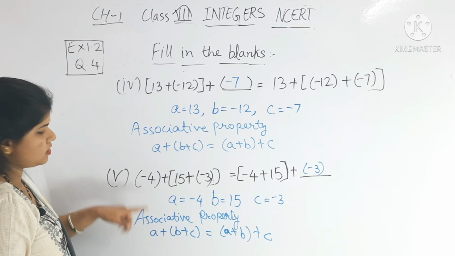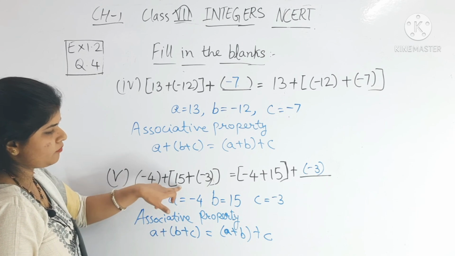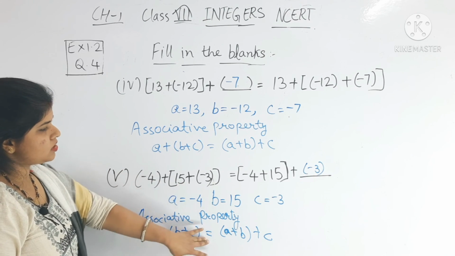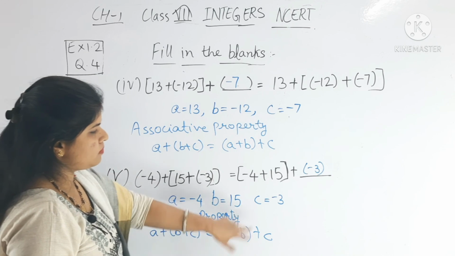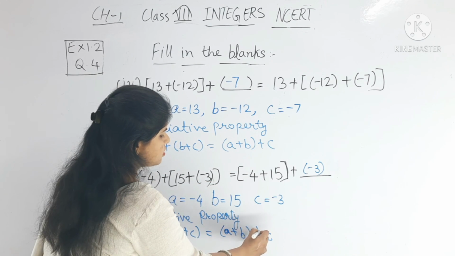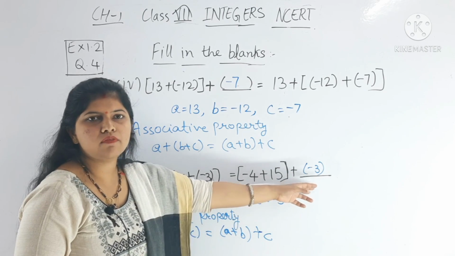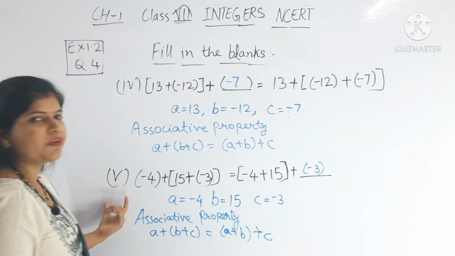You can compare this one: A is minus 4, B plus C here 15 plus minus 3, and is equal to the same. Then A plus B, here minus 4 plus 15, so here plus C. So C is minus 3. So my answer will be minus 3 for the fifth part.